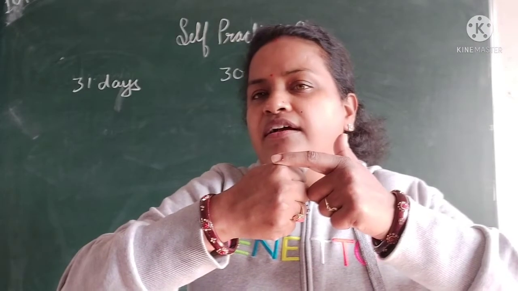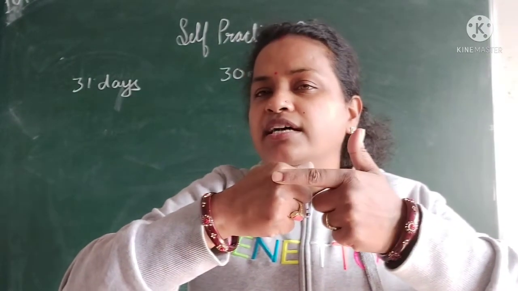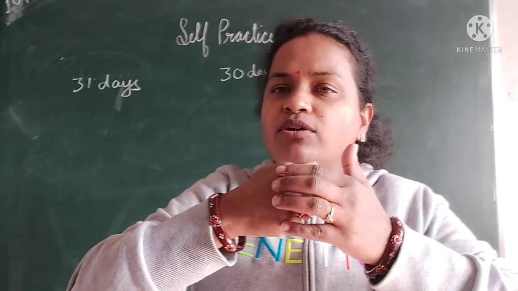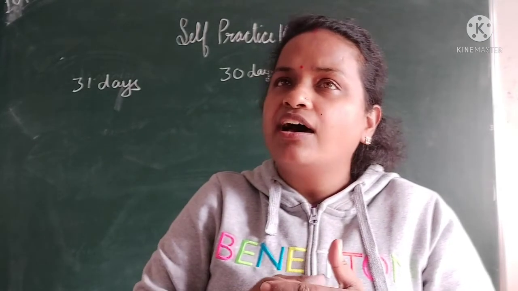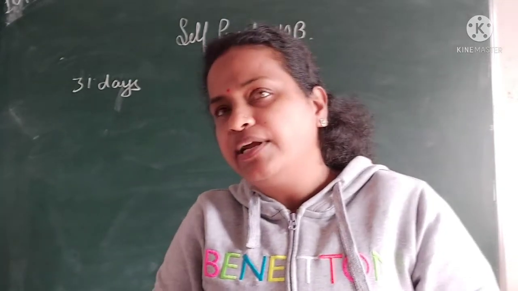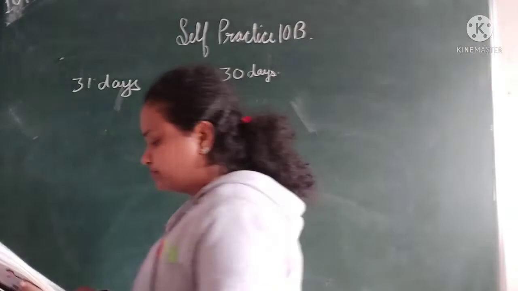Okay. After August, September 30, October 31, November 30, December 31 days. So which are coming on the mounts above, those are 31 days, and below ones are 30 days. Leaving one, that is your February, that is of 28 or 29 days. Okay.